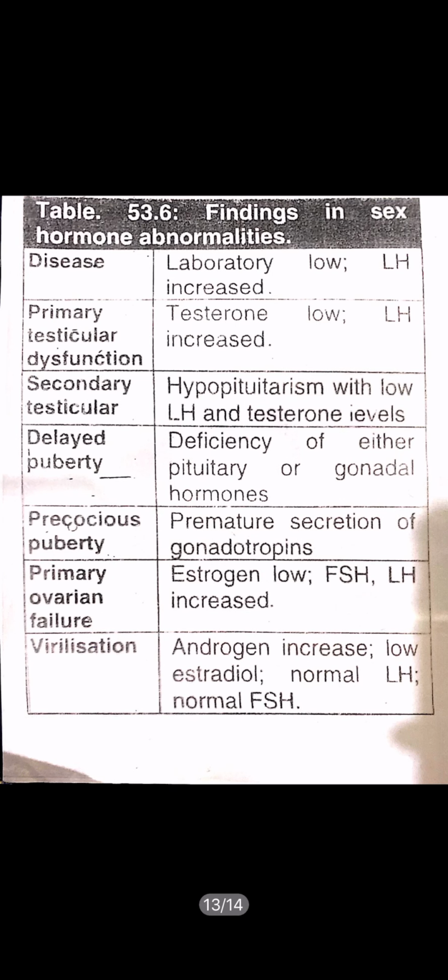There are different sex hormone disabilities. There can be secondary testicular dysfunction, primary testicular dysfunction, delayed puberty, precocious puberty, primary ovarian failure, and virilization, in which different hormones have different levels.